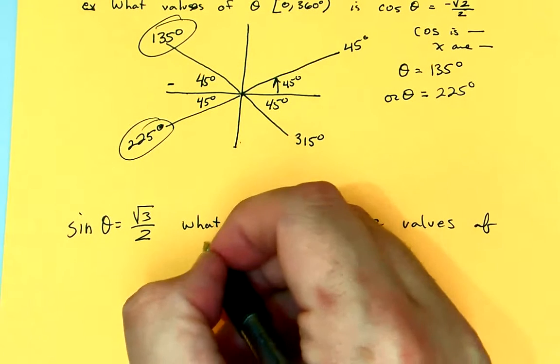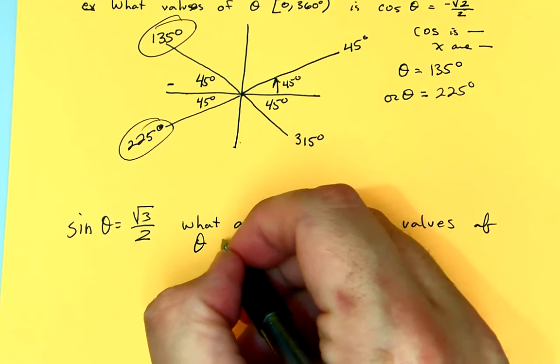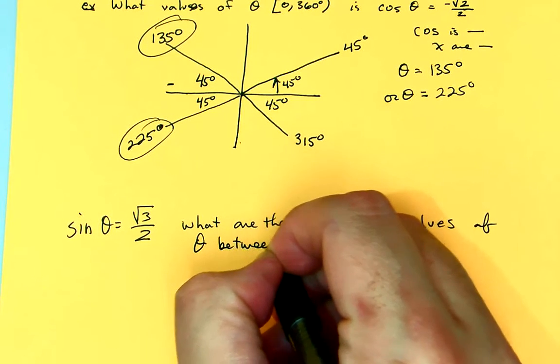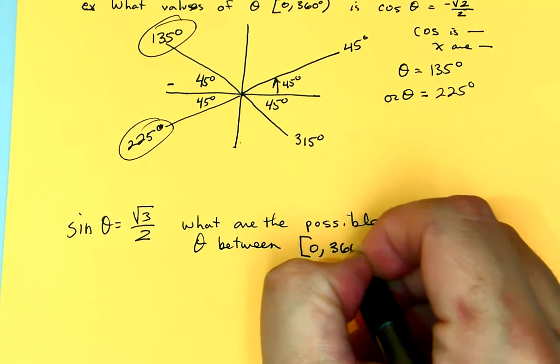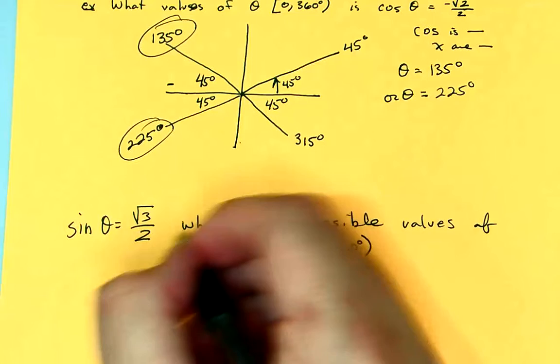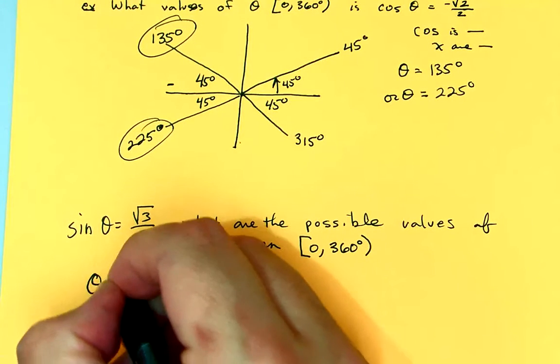What are the possible values of theta between 0 and 360 degrees? So we say to ourselves, what's our reference angle?